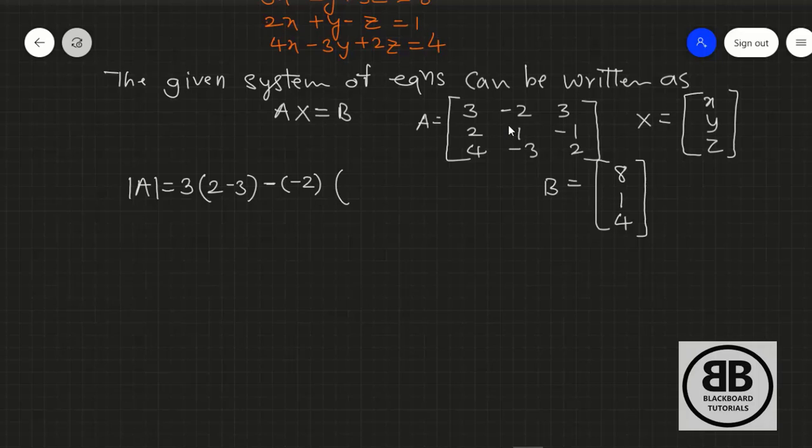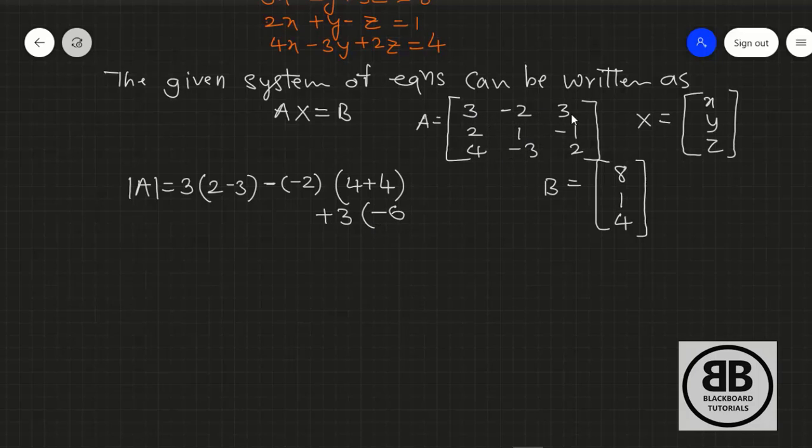Delete the first row and second column, so we are left with 2, minus 1, 4 and 2. Take the determinant of this: 2 into 2, 4, minus 4 into minus 1. So minus minus will be plus 4. And the third element will be plus 3. This will be minus 6.